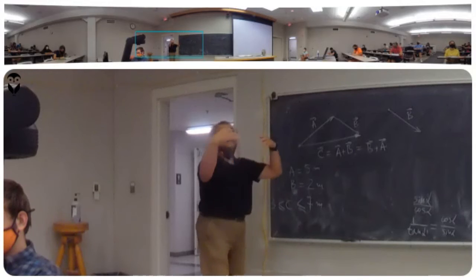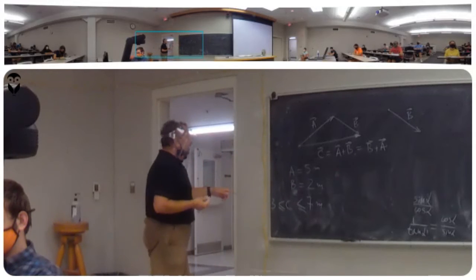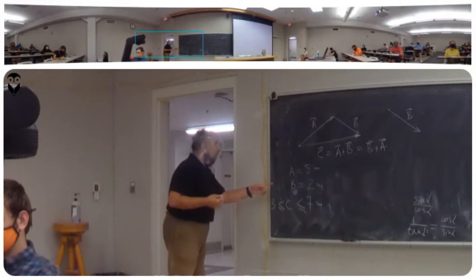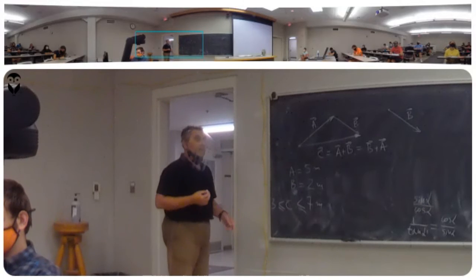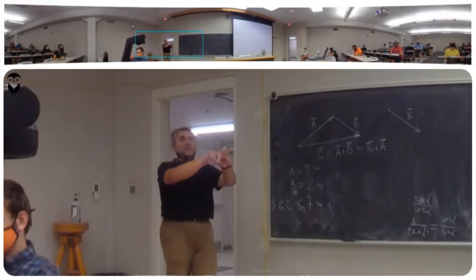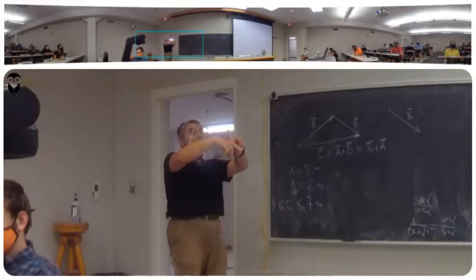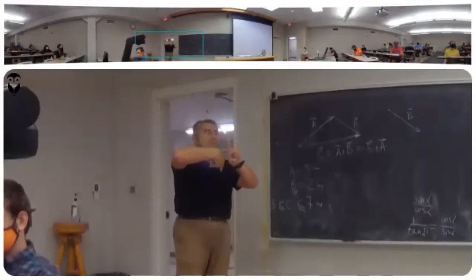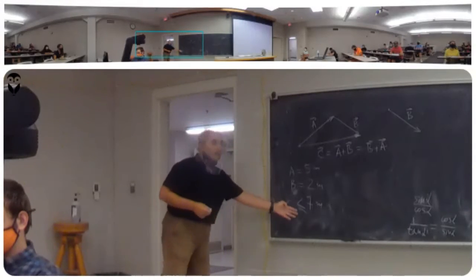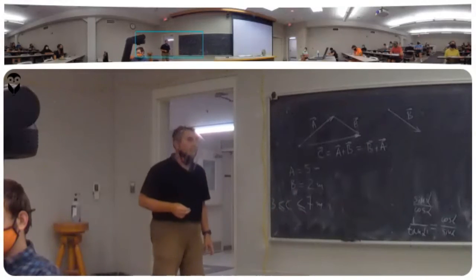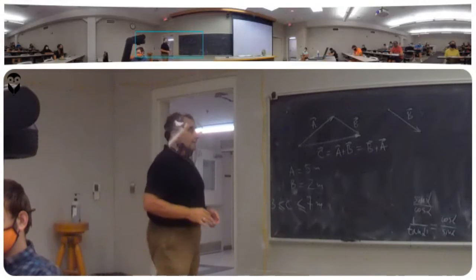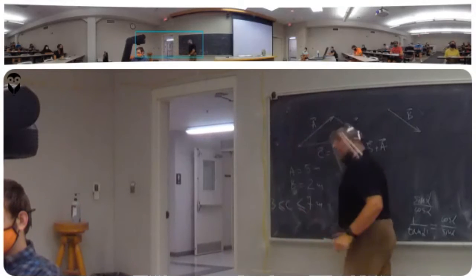If they were pointing exactly in opposite directions, the magnitude of the result would be 5 minus 2, 3. And if the direction of A and B is something between the same and opposite, it will be some number between 3 and 7. Okay.